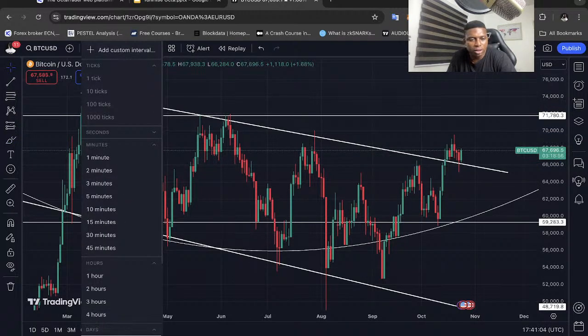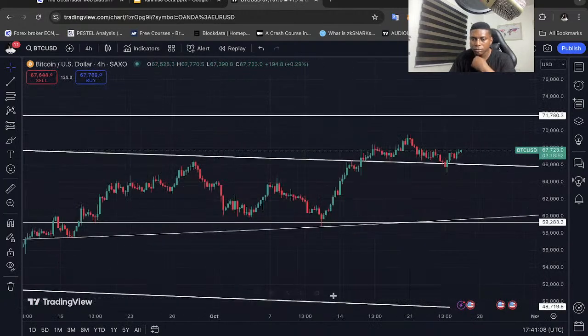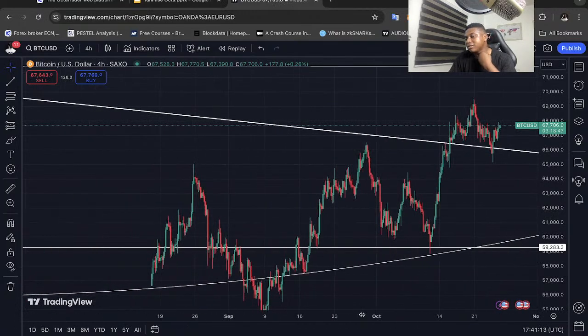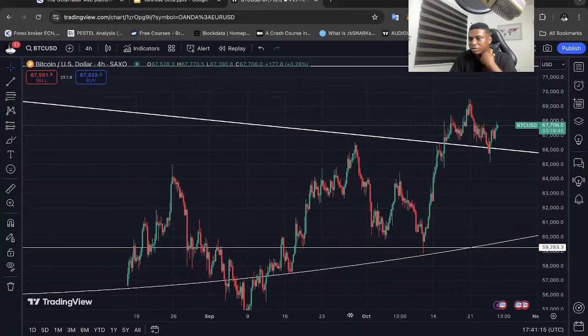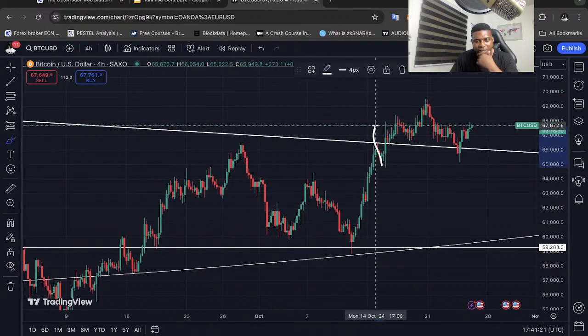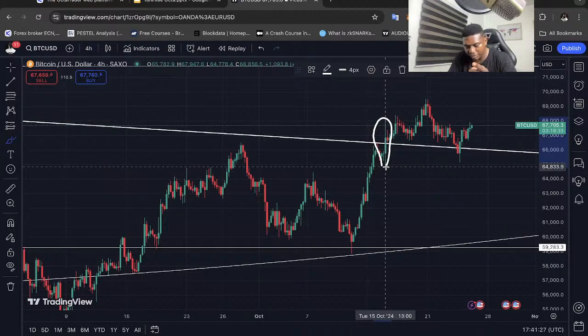Let's go down to the 4 hours time frame. Good. Now you can see that on the 4 hours time frame we are having some interesting charts. Here you can see the spike that broke the BTC price out of the trend line.